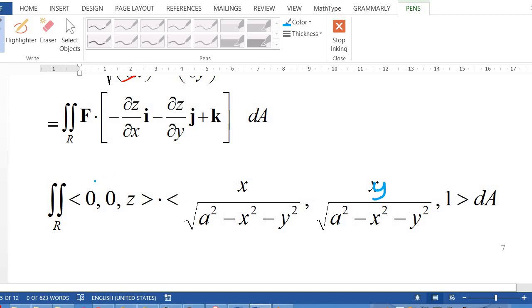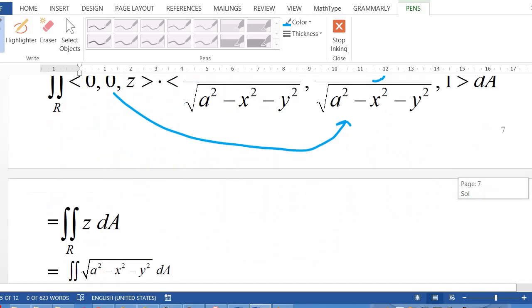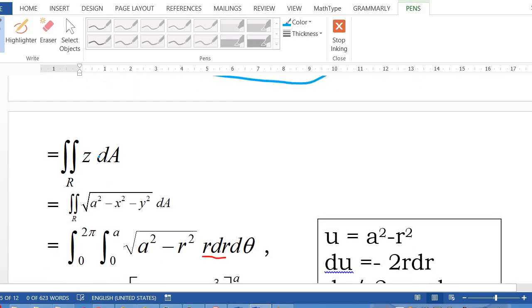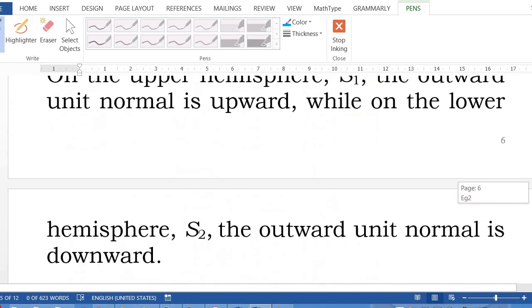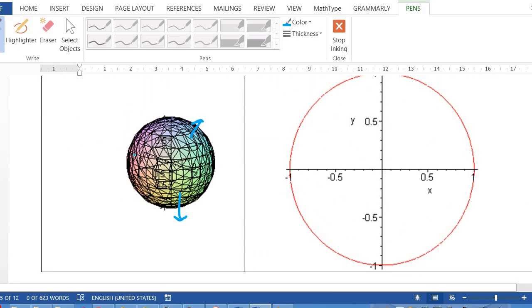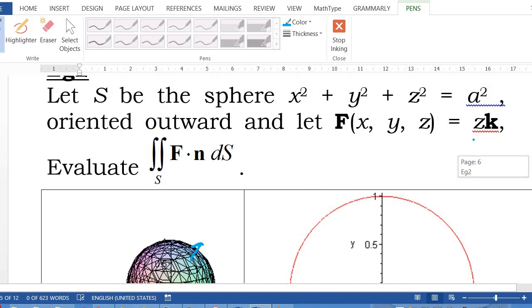And then when you do the dot product, component i is 0 times anything is 0, component j is 0 times anything is 0, you are just left with component z times 1. So it becomes the double integral of z dA over region R. Region R is here: in the upper or lower hemisphere, the region R happens when z equals 0.